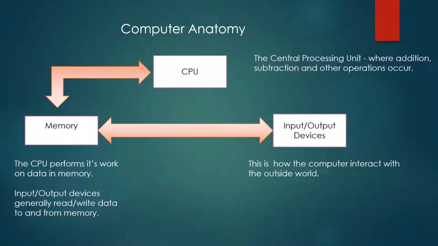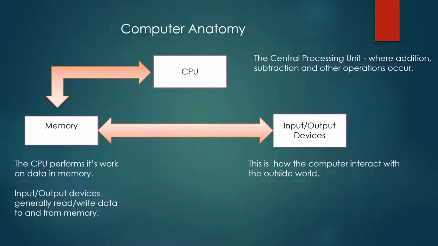Computers consist of components that fall into three categories: the CPU, or central processing unit, memory, and input-output devices. As the name implies, the CPU, the central processing unit, is where processing, aka computation, takes place.